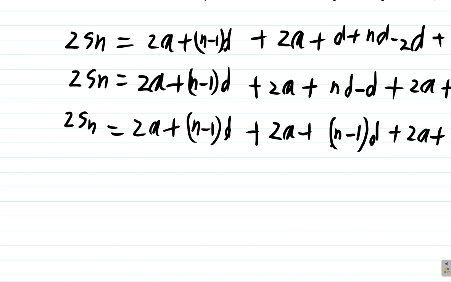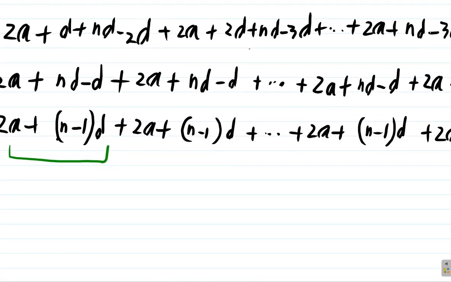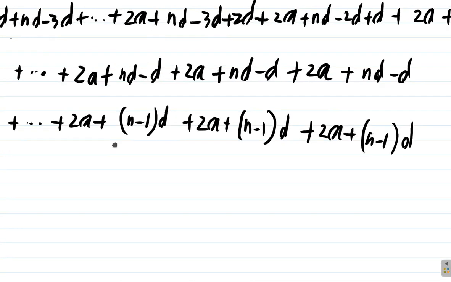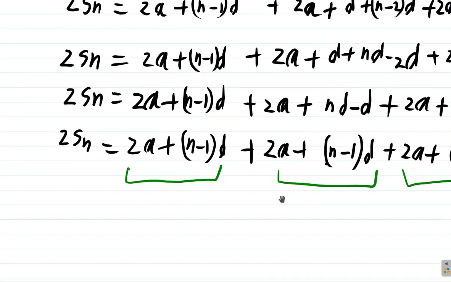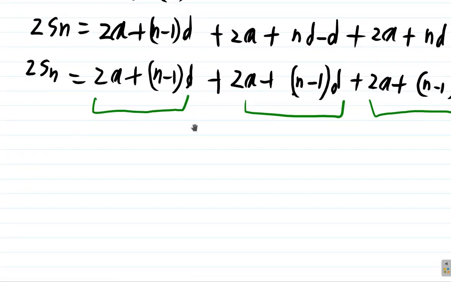You have 2a plus 1d, 2a plus 1d. Let's say 2a plus d. We have 2a plus d here again, 2a plus d here again, 2a plus d here. So we have a whole lot of 2a plus d.